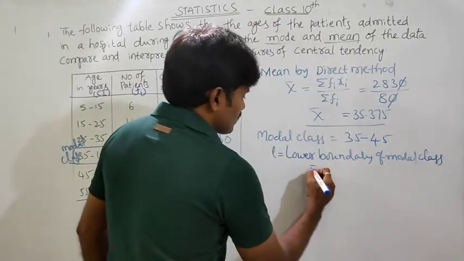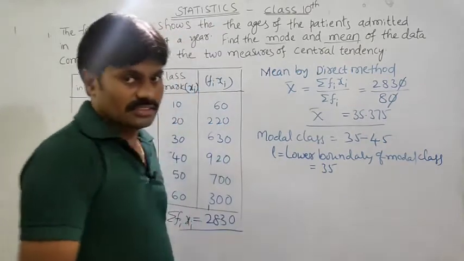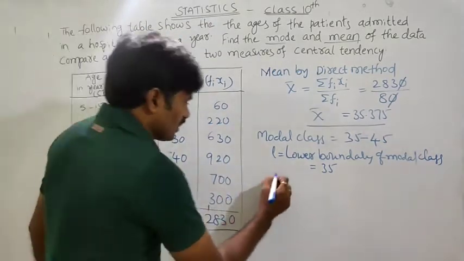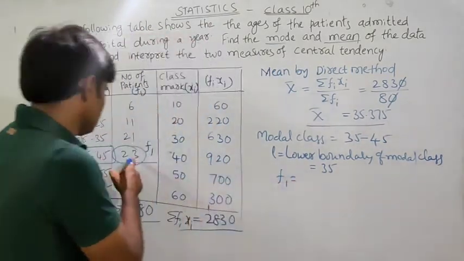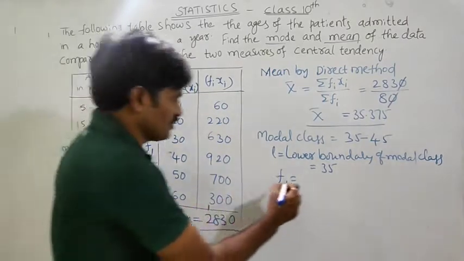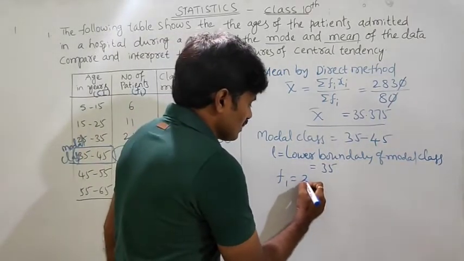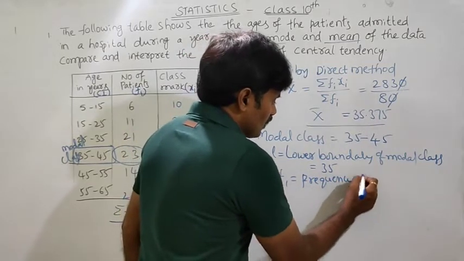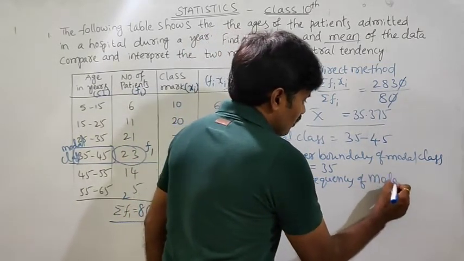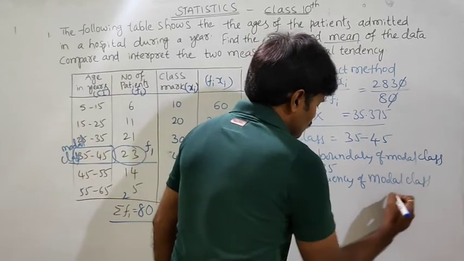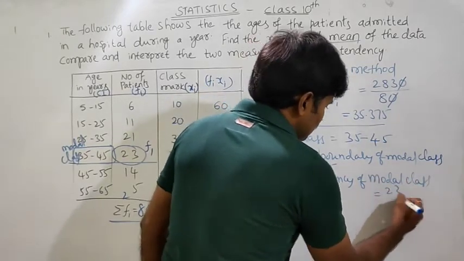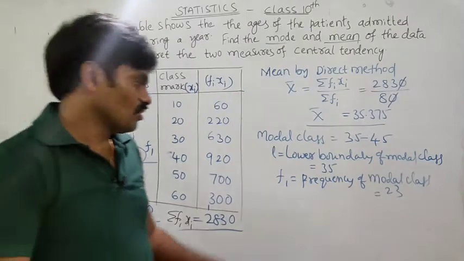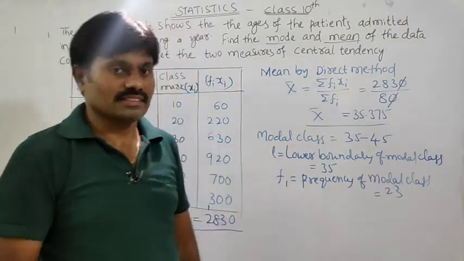The lower boundary of the modal class is 35. Now what is F1 here? Clearly, the highest frequency is F1 because it is the frequency of the modal class. This is 23. 23 is the frequency of the modal class.